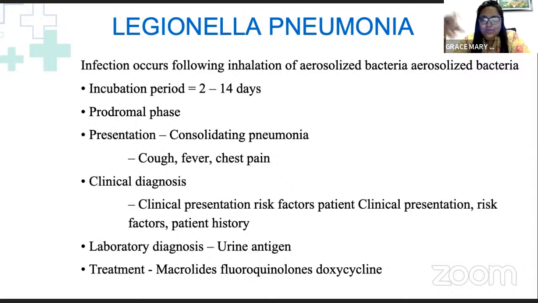Then there is a slow prodromal phase where you start to have small symptoms, and then comes the consolidating pneumonia. One way of making the diagnosis is the urine antigen. The treatment is azithromycin, fluoroquinolones, or doxycycline.